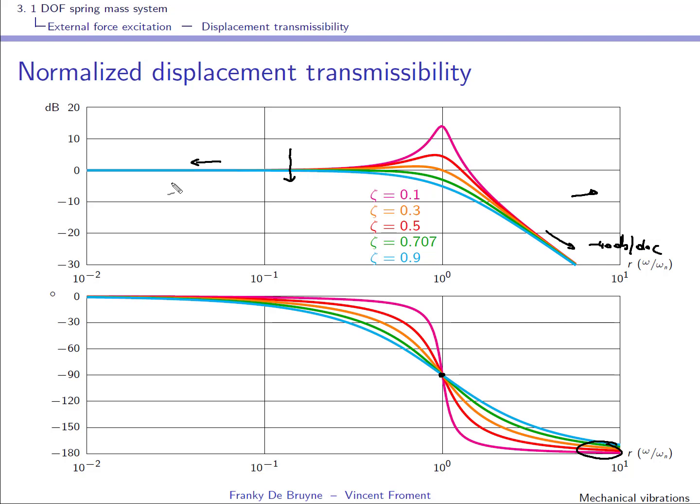So remember here when omega is low, the displacement transmissibility is essentially dominated by k. Here it's essentially dominated by m, and here it's dominated by c or zeta.